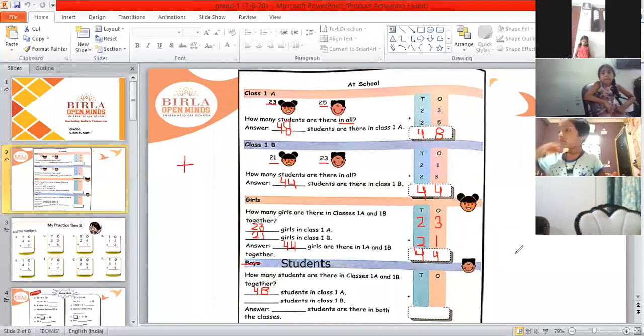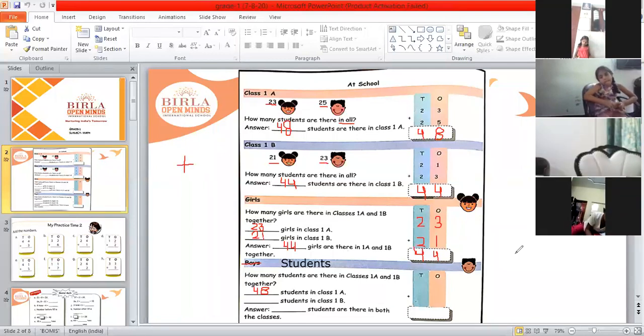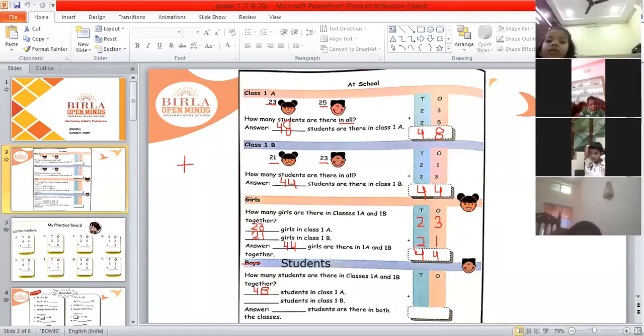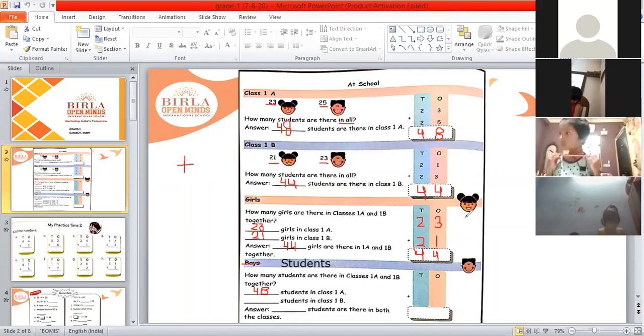Yes, Ma'am. Brinda, total, how many students are there in first B class? Brinda, see this line. Second line in first B. How many are there? 48 students are there in first A class.